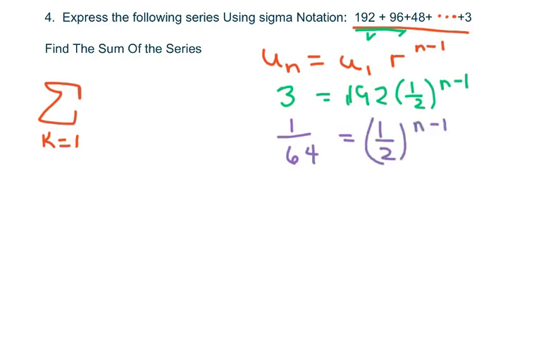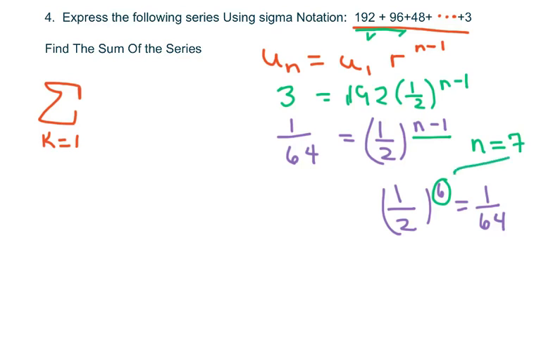And this one I wouldn't take logs. You should know that 1/2 to the 6th power is 1 over 64, because 2 to the 6th is 64. That means if this is going to be 6, then my n has to be 7, because 7 minus 1 is 6.